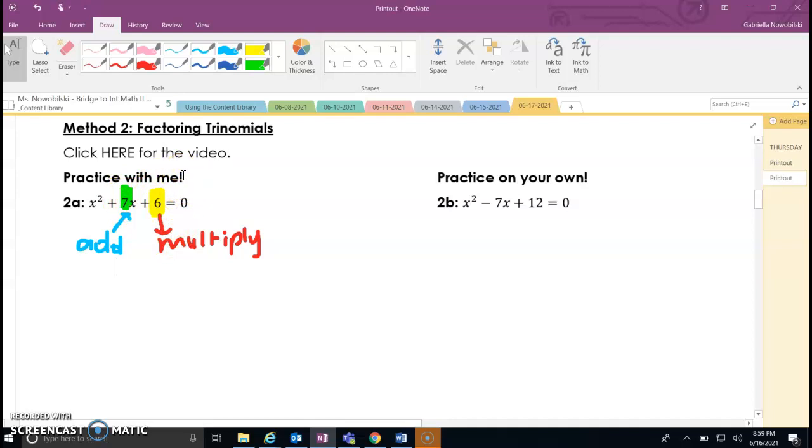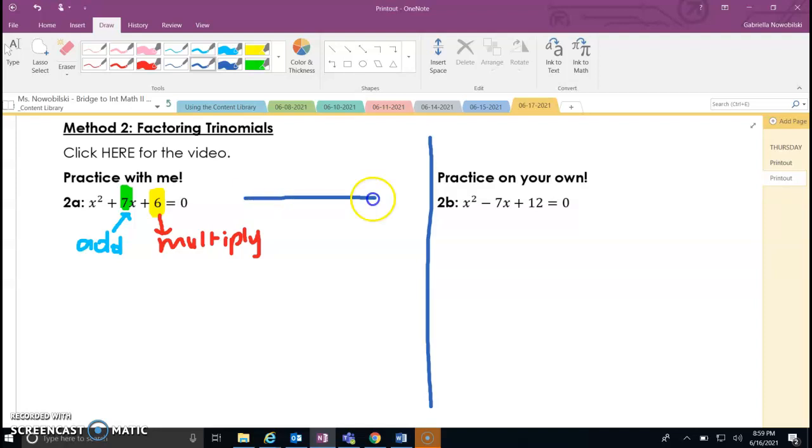Okay, so the way we're going to do this, there are so many different ways you can do it, and you can walk across the hall and ask Miss Sordo or Miss Warska or any of the math teachers in the freshman center or any high school you walk into, and they can show you a different way to represent your factors. I think a table is a very clean way to see all of your possible factors, and I'm sure a lot of you will like to use a table.